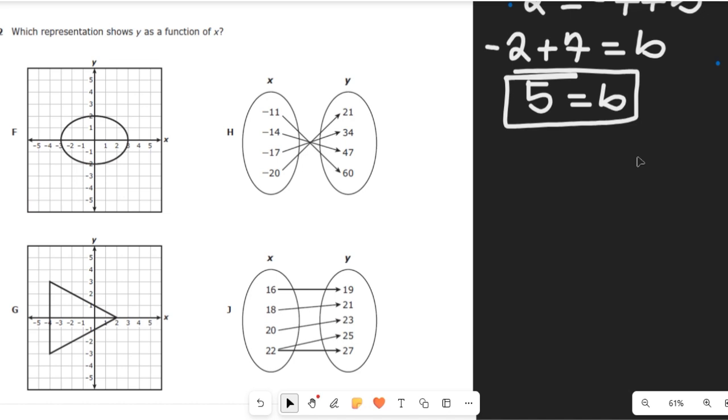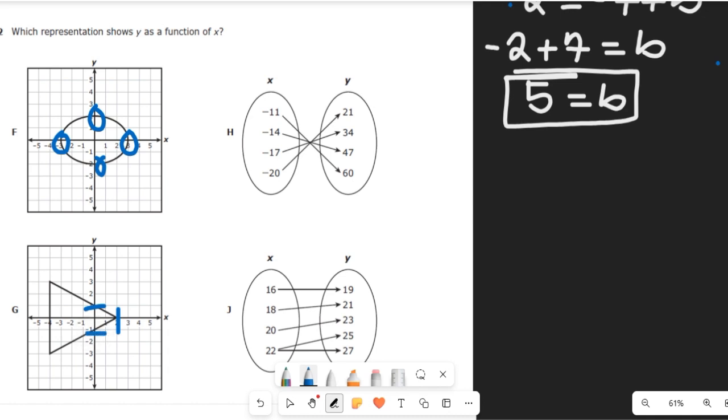For the graph of F, this vertical line crosses the graph at several points, right? This point, this point, and this point. Hence, this does not represent a function. Now, let's look at the next graph. From the next graph, you can see that for a value of x, we have two values for y, this and this, right?